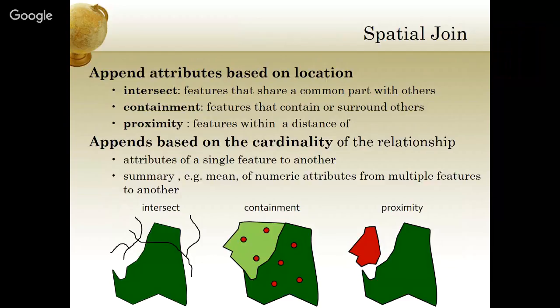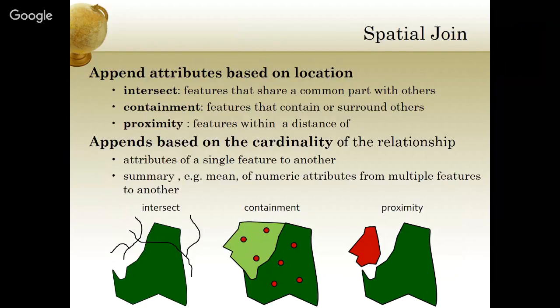So much like a select by location had these different spatial relationships like intersection, containment, or proximity, we can join features from one data set to another based on these relationships. The way in which it appends is going to depend on the cardinality of that relationship.